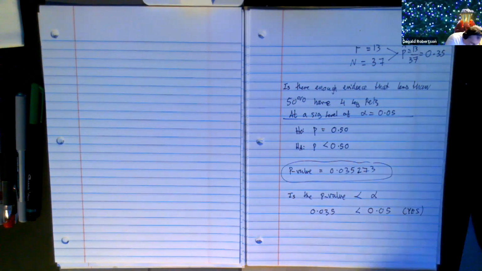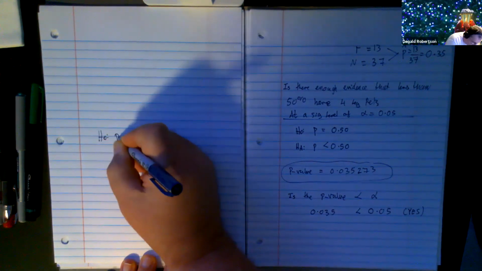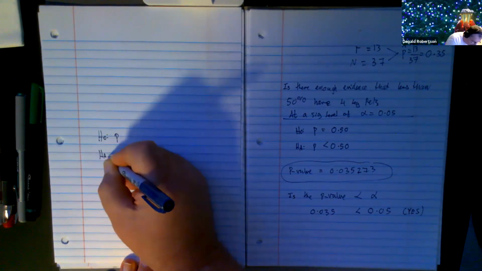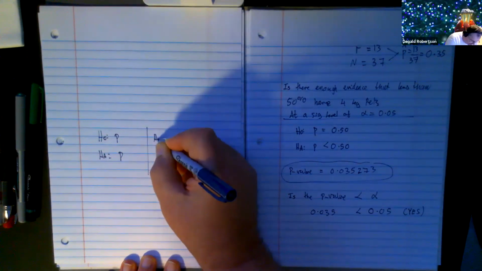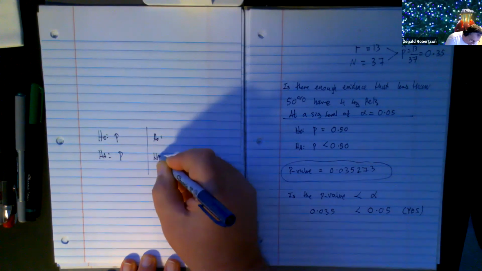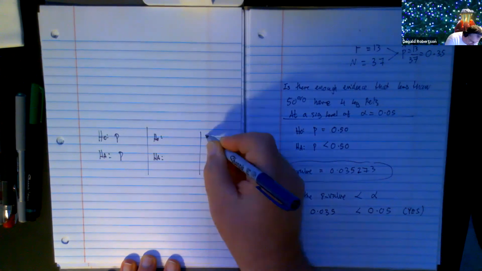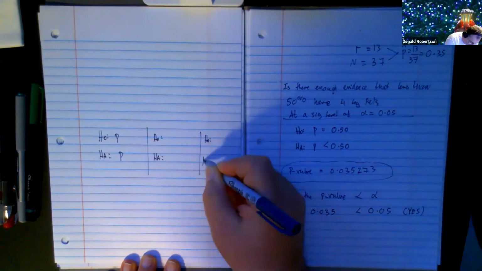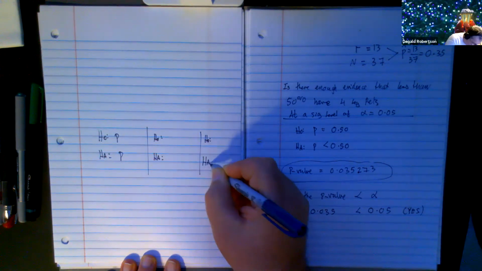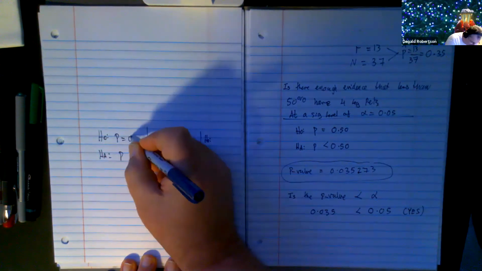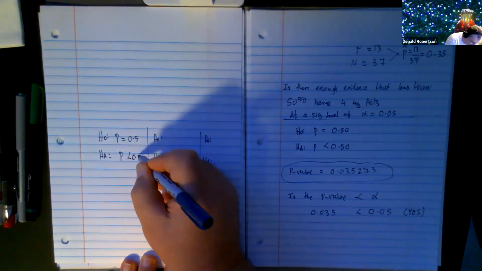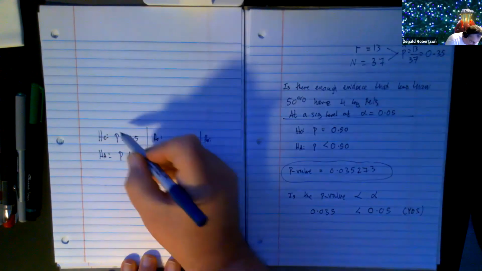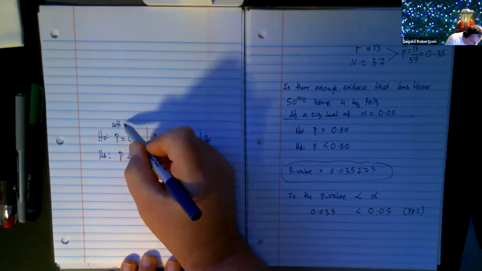There are 3 hypothesis tests. They look like this, and I'll just put in some example numbers. And they even have names associated with them. The one we just did, is it less than 0.5, is called a left tail test.